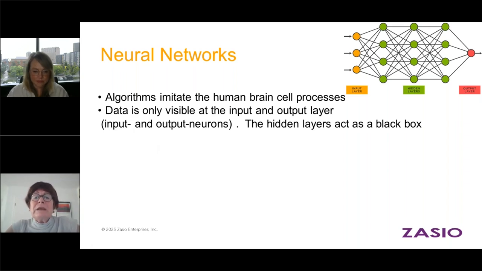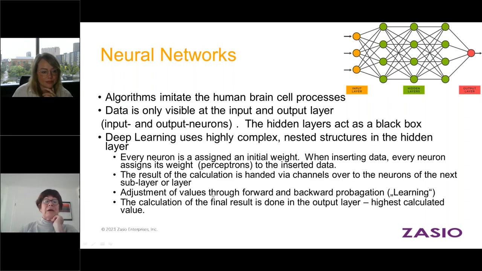The data is only visible, so what I input, what I feed from the big data, what's available on the internet or whatever. Nowadays we don't even know that because the scope is so big, and the output layers. The hidden layers are black holes.